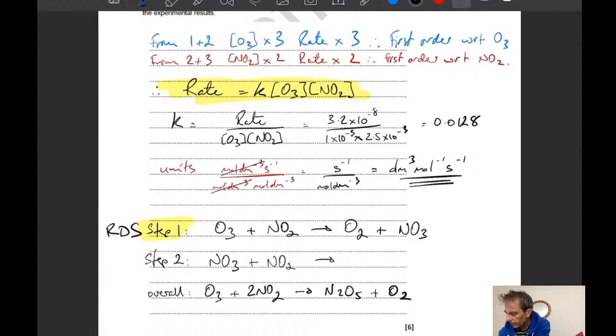And what can I do now? I can make the N2O5, because I've got 2 N's. In fact that's perfect, because that's just going to make N2O5, isn't it? So that's a possible mechanism.